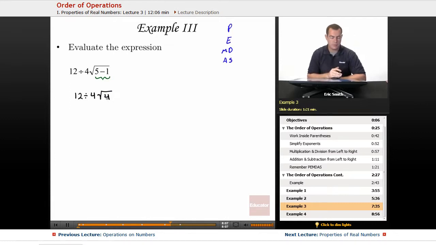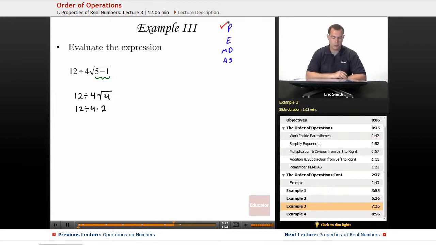So I have 12 divided by 4 times the square root of 4. Let's see, taking care of the square root entirely. Now I'm looking at 12 divided by 4 times 2.